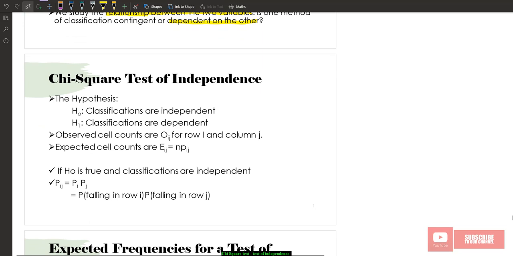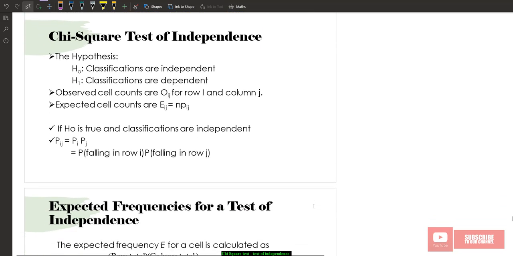This is the chi-squared test of independence. The hypotheses are: the null hypothesis is that the classifications are independent, and the alternative hypothesis is that the classifications are dependent, not independent. Of course, for a chi-squared test, the formula is the summation of observed frequency minus expected frequency, squared, divided by the expected frequency. The observed cell count is O_ij for row i and column j.